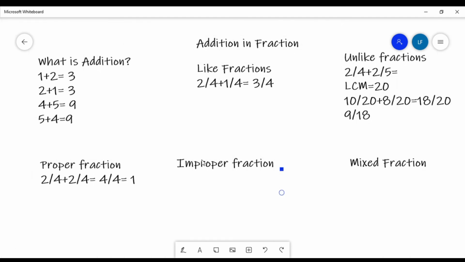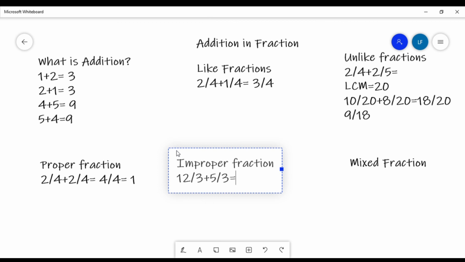Now let's go for improper fractions. So improper fractions we already know, so let's take the fraction 12 by 3 plus, again, 5 by 3. What is this answer equal to? 12 plus 5 equals 17.